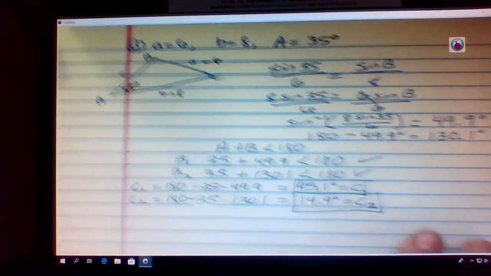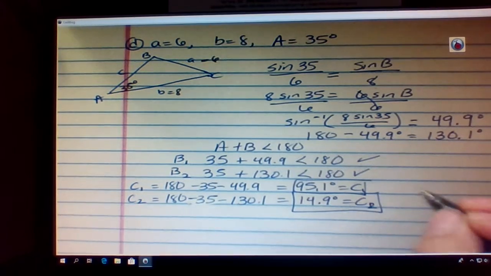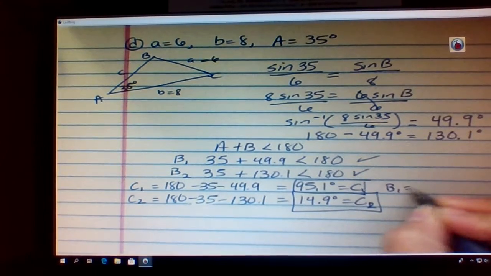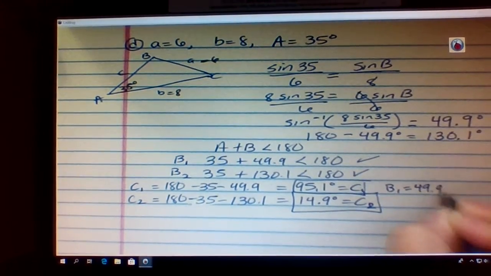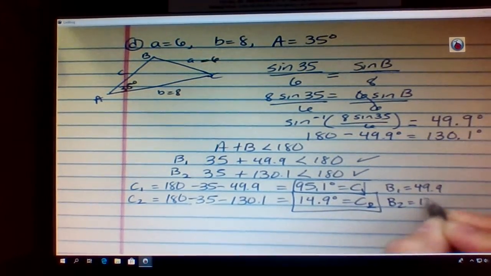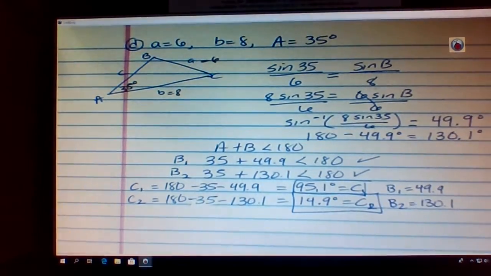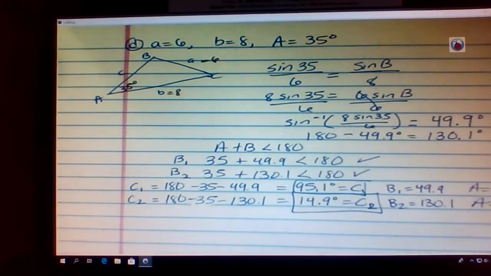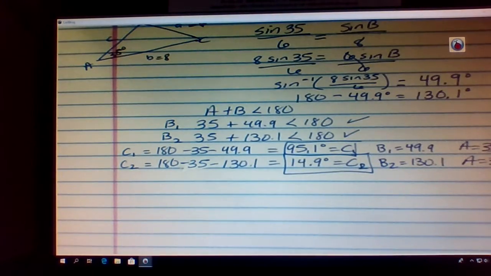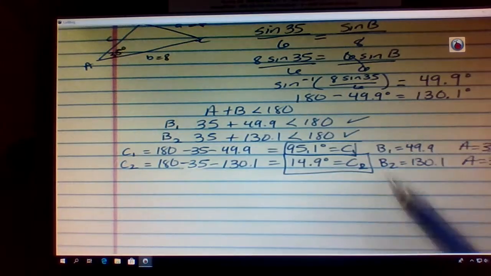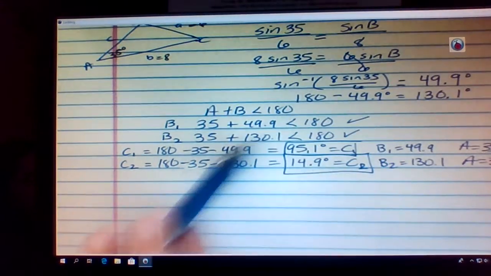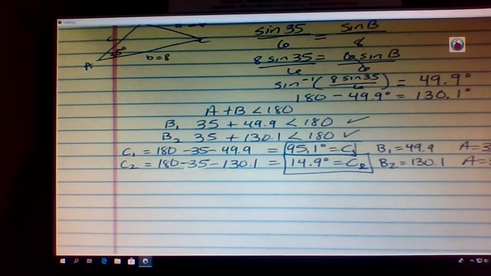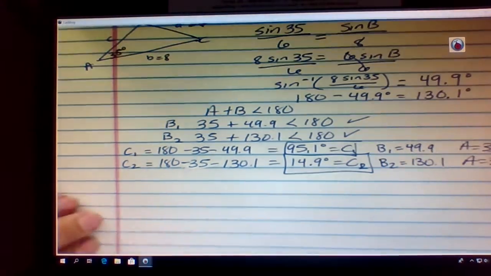Just in case, B sub 1 was 49.9, B sub 2 was 130.1, and A is 35 for both. So at least you have all the angles right there. So once again, why do we have two triangles? Because both of these would equal less than 180. And then you have to go and find your little c.